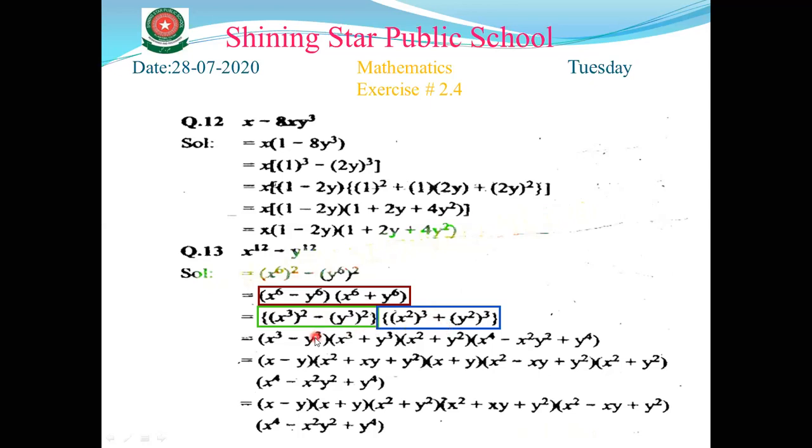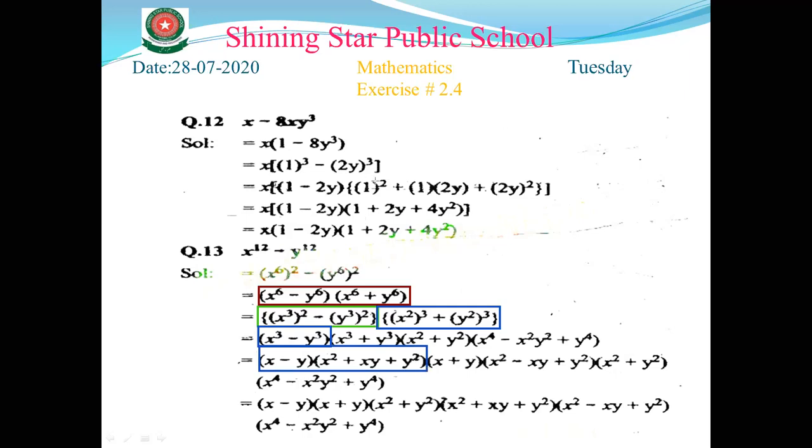Now x cube minus y cube, x cube plus y cube. Now when we open the formula of this bracket, I can highlight for you x cube minus y cube, which is this.